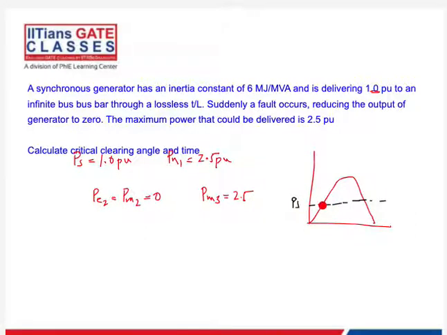Fault occurs, the output becomes 0, and the fault is cleared. It goes back to the same curve, right?